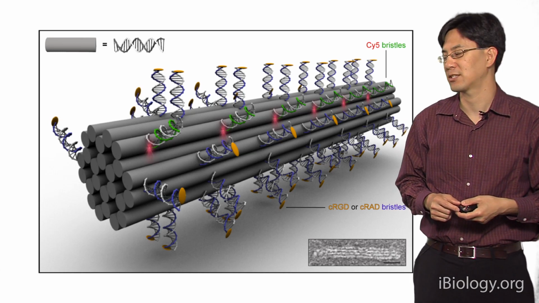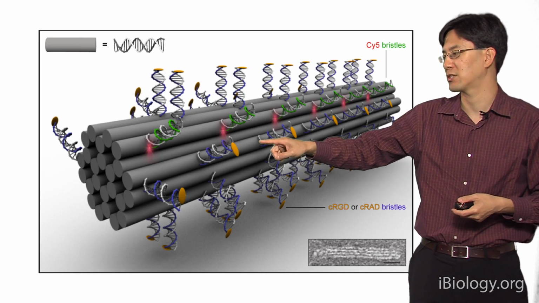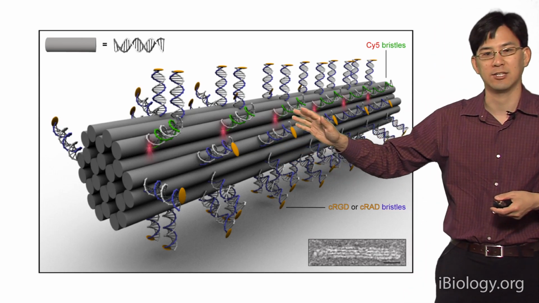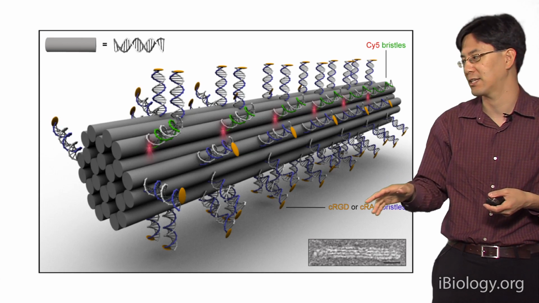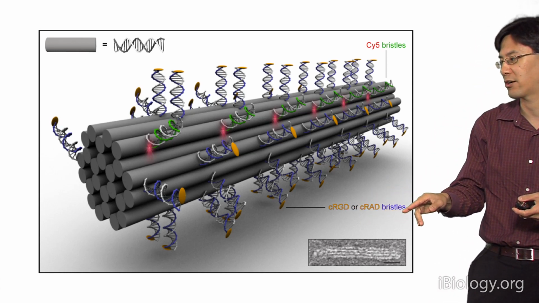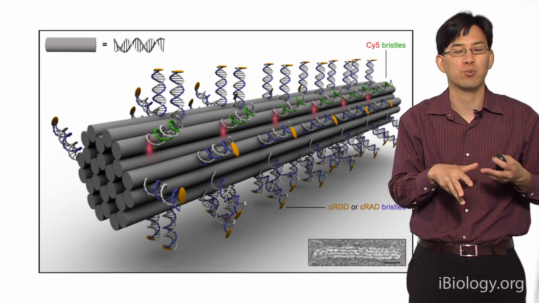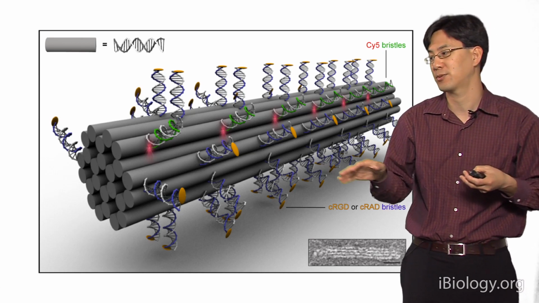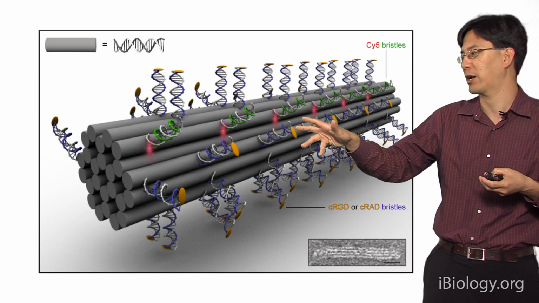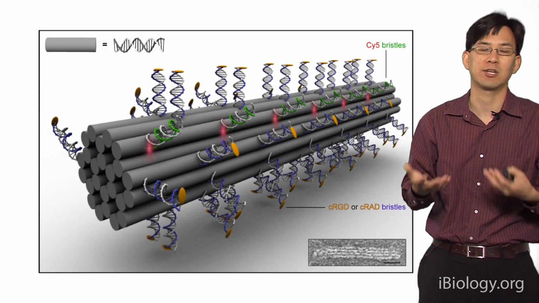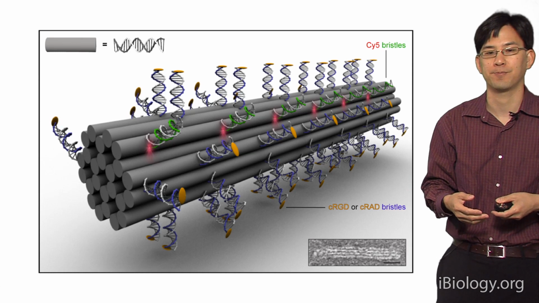Here what Francisca has done is she's taken one of the structures, this nanocylinder, and she's decorated the outside of the nanocylinder with a bunch of ligands, in this case cyclic RGD ligands that are known to bind the alpha V beta 3 integrin receptors that are overexpressed on the cell line. So the prediction is that if we decorate our nanoparticles with a high density of these ligands, then we're going to increase the rate of internalization.